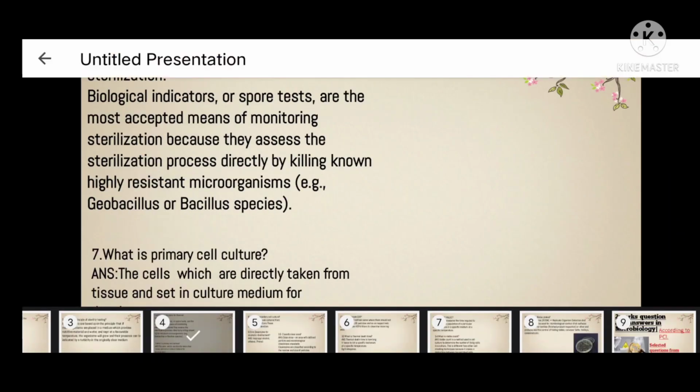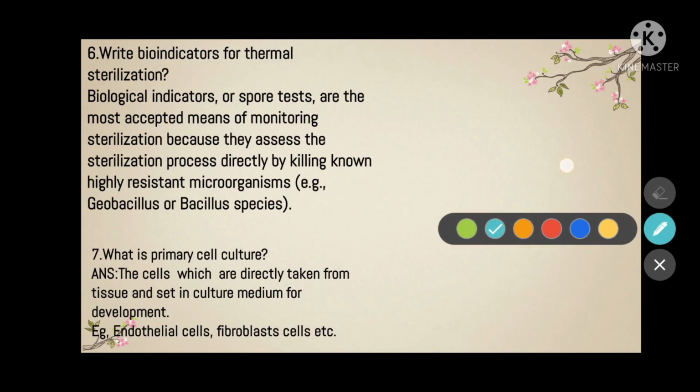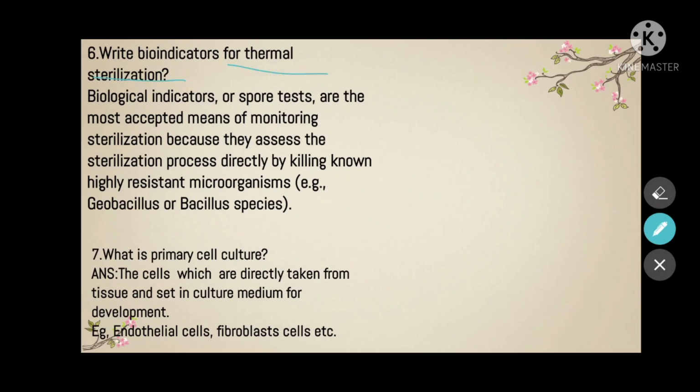Now the sixth question, write bioindicators for thermal sterilization. It is also very important. Biological indicators, also called bioindicators or spore tests, are most expected for monitoring sterilization, because they assess the sterilization process by directly killing highly resistant microorganisms.